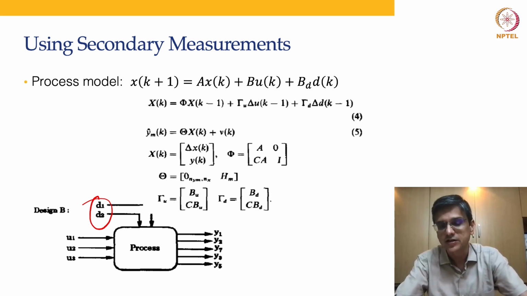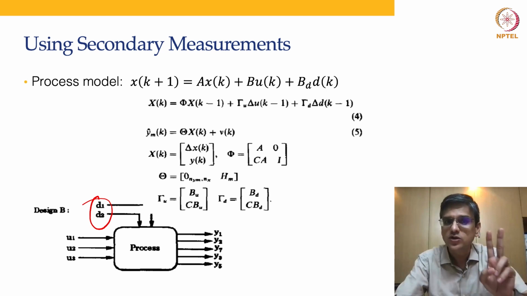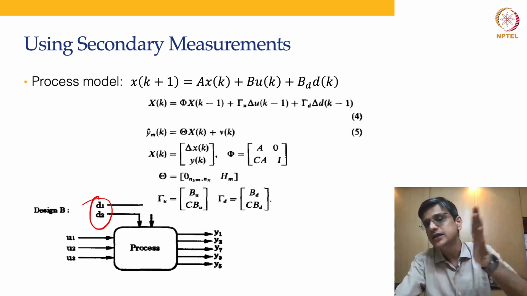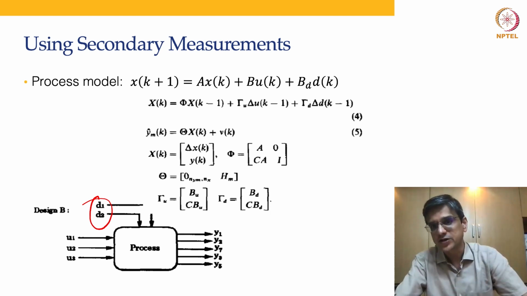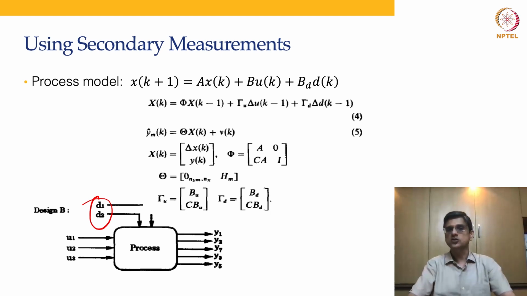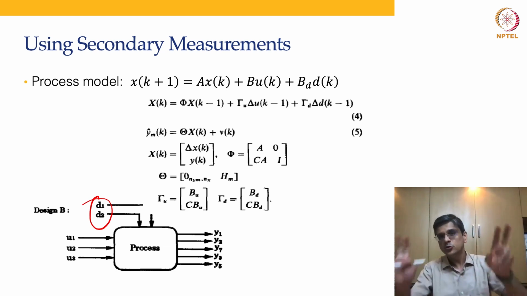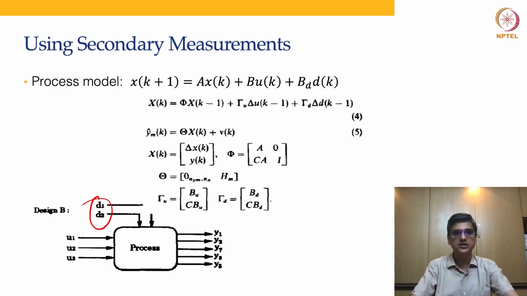So there is a way that D1 and D2 will get estimated. The problem is we have only 2 disturbances but 3 control variables. Okay, so 2 integrating white noise type disturbances will not guarantee the controllability requirements for y1, y2 and y7. Remember what is also needed in order to ensure offset free tracking? It is also required that you get controllability of your output values based on the integrating white noise.